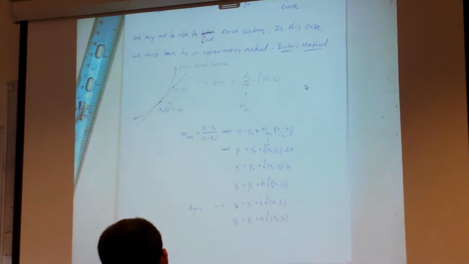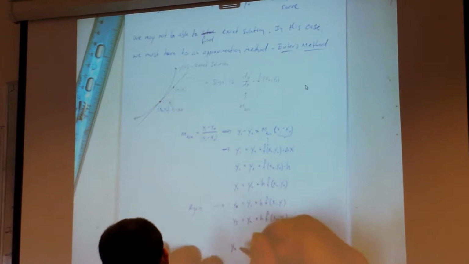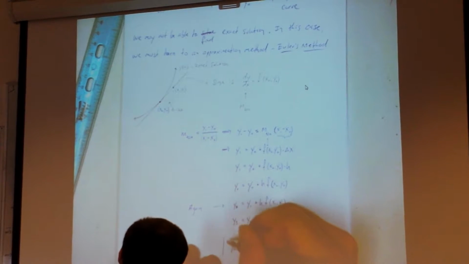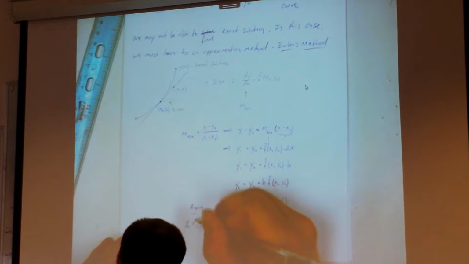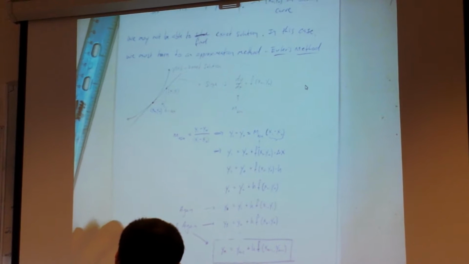And the general step, this is an iterative process, to find an nth value: y sub n is going to be the previous y value, y sub n minus 1, plus h times f evaluated at x sub n minus 1, y sub n minus 1. Some of you may remember this. That's the general formula. Okay, so it's an iterative technique.